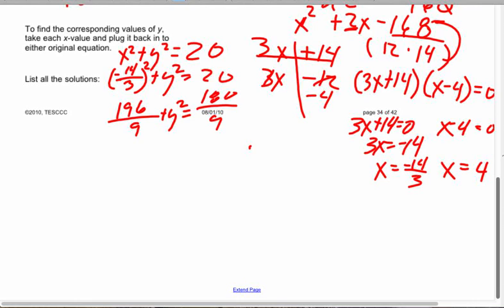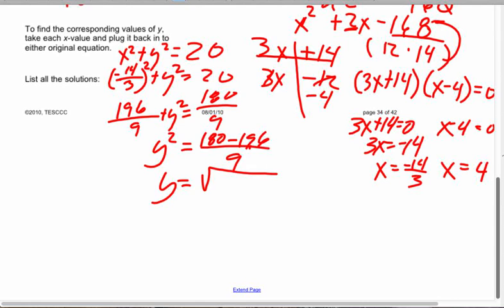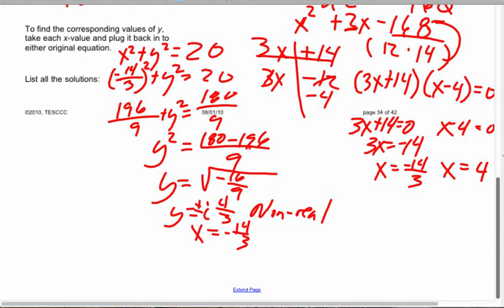So I subtract over, so now y squared is going to equal 180 minus 196 over 9, or y is going to equal the square root of a negative 16 ninths, which gives me plus or minus i times 4 thirds, which means since this is non-real, it's imaginary, x equals negative 14 thirds is extraneous.